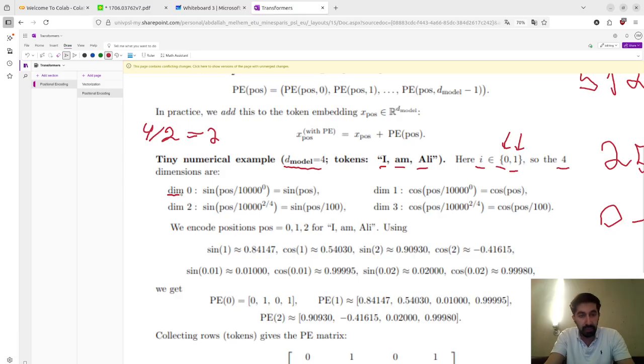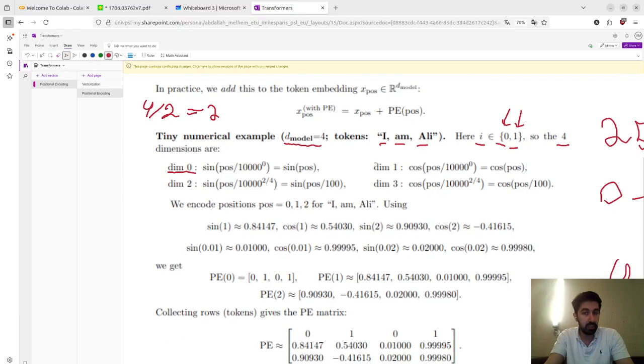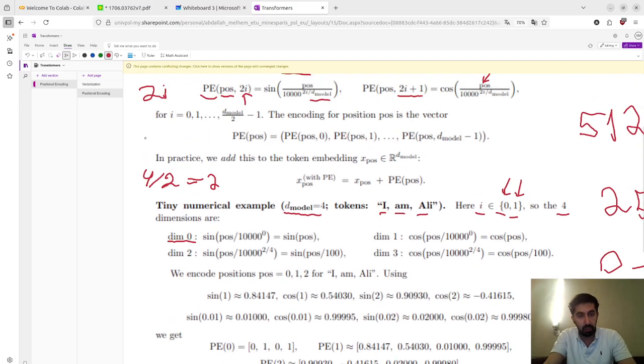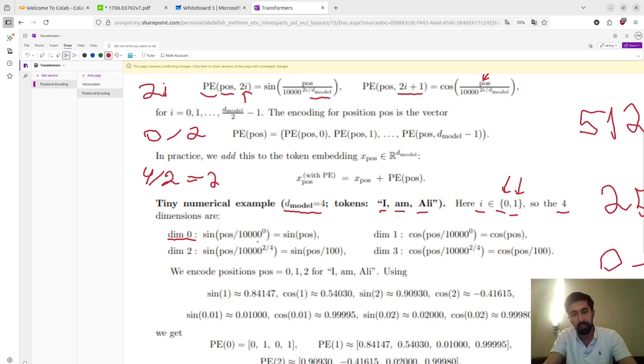So for dimension 0, you take the even numbers. So you take 2i for i equals 0 and 1. For i equals 0 and 1, you get 0 and 2. So your values, PE, would be PE of pos and 0, and the second time, PE of pos and 2.